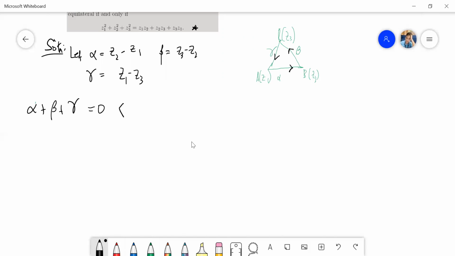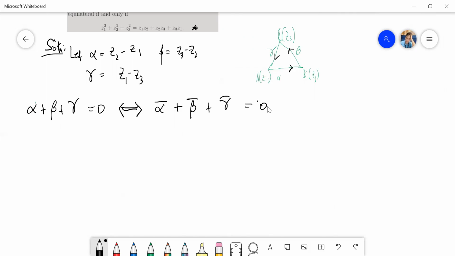So this would imply, if and only if, I take the modulus of each: modulus of alpha, modulus of beta, modulus of gamma equals 0. There's no way we can just write modulus of 0, because that's still the same.